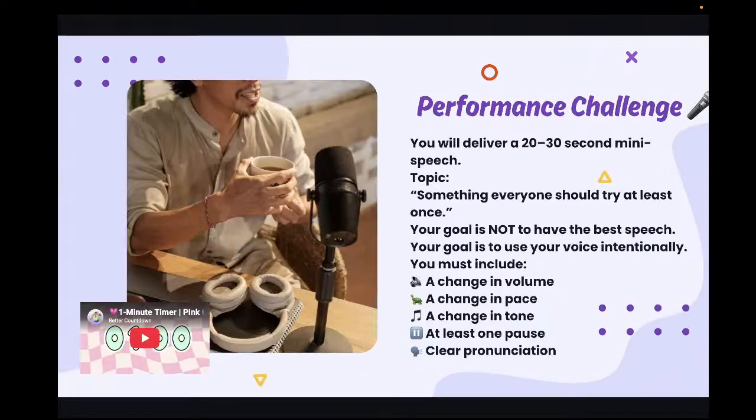Okay, performance challenge. You will deliver a 20 to 30-second mini speech. The topic is something everyone should try at least once. Your goal is not to have the best speech, your goal is to use your words intentionally. You must include a change in volume, a change in pace, a change in tone, at least one pause, and clear pronunciation.